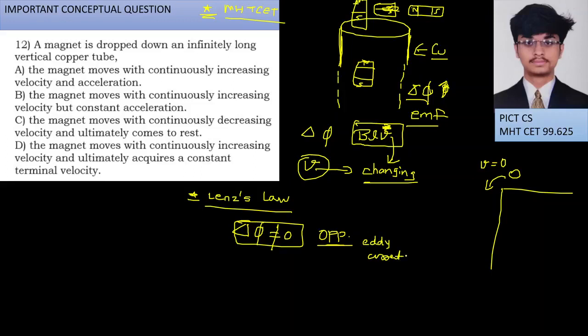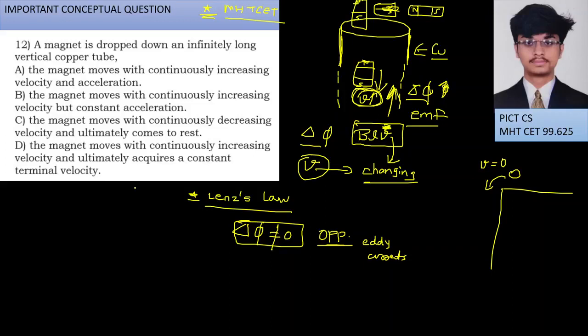It's going down with increasing velocity, it will get opposed due to Lenz's law. As there is a change in flux, EMF will be induced. According to Lenz's law, it will get opposed. Eddy currents will be developed in the opposite direction, which will try to decrease this velocity.